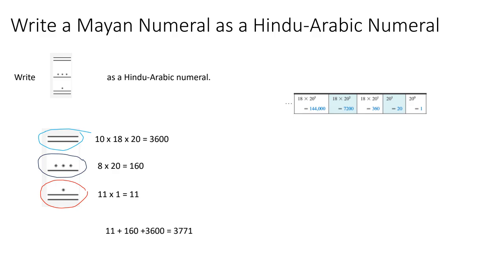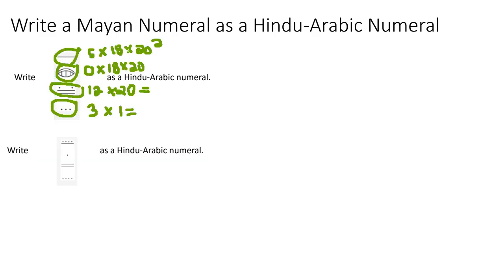And so then we're going to use our calculator to get these, right? So let's start with the first one. We have 20 times 20 times 18 times 5, and that's 36,000. And then this is going to be 0, because 0 times 360 is 0.